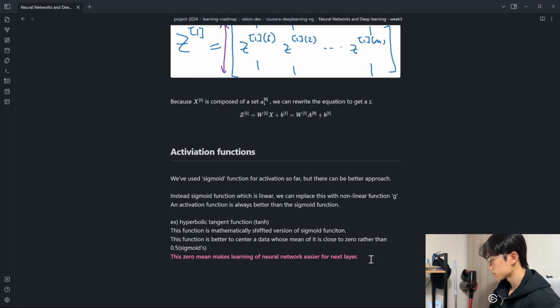But one takeaway is that I pretty much never use the sigmoid activation function anymore. The tanh function is almost always strictly superior.